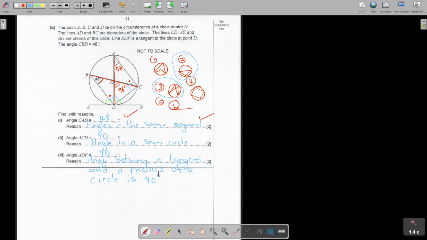Okay, so again, one for the correct 90, one for the reason, one for the angle, one for the reason. And again, it's 6 marks. Just make sure you memorize that and that you do it like I do, and I search for that.